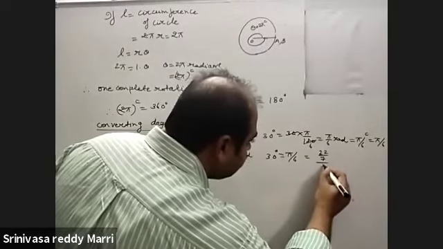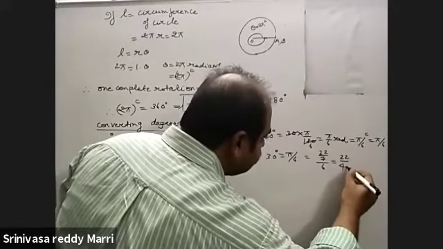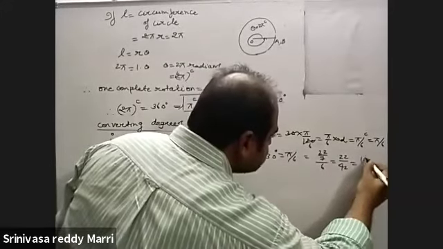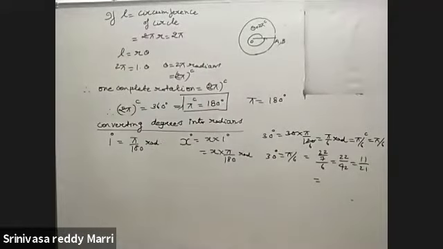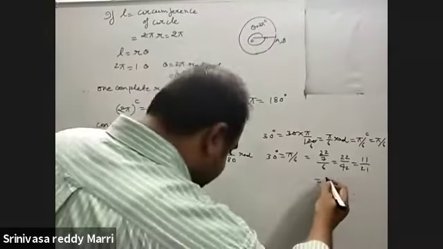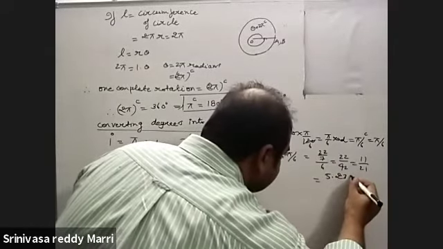Pi can be written as 22 by 7. So 22 by 7 into 1 by 42 means 2 11s are 22, 2 21s are 42. If it is 11 by 21 value, this comes out to be 5.238 radians.